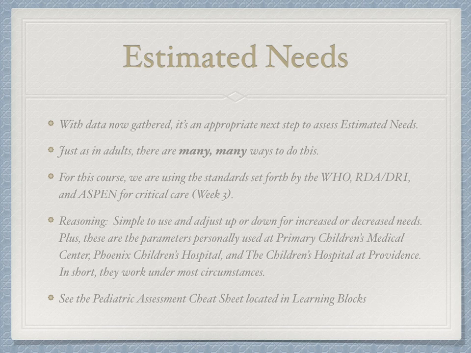The reasoning for this is that it is simple to use and adjust up or down for increased or decreased needs. Plus, these are parameters I personally have used at Primary Children's Medical Center, Phoenix Children's Hospital, and the Children's Hospital at Providence. In short, they work under most circumstances.